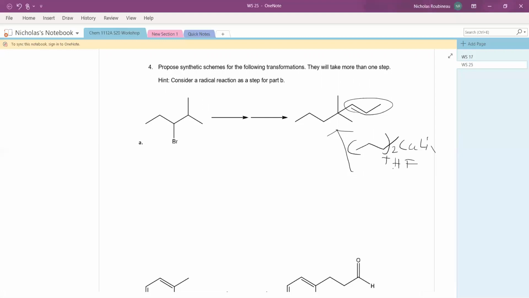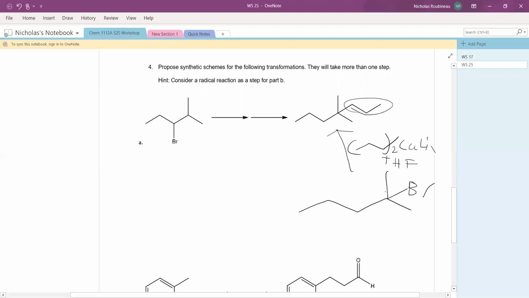An alkyl halide, yes. It doesn't matter what you use, so yeah, that works. It could be bromine or chlorine, maybe iodine, but that's usually difficult to get.